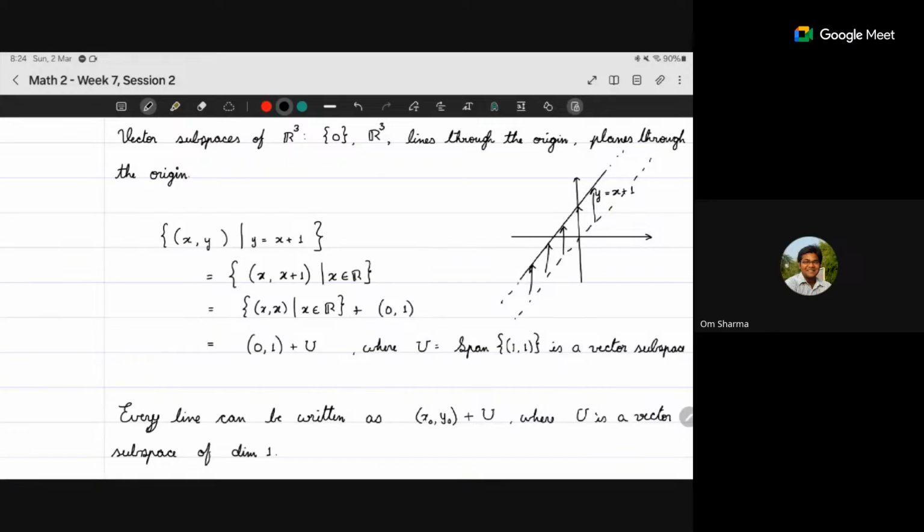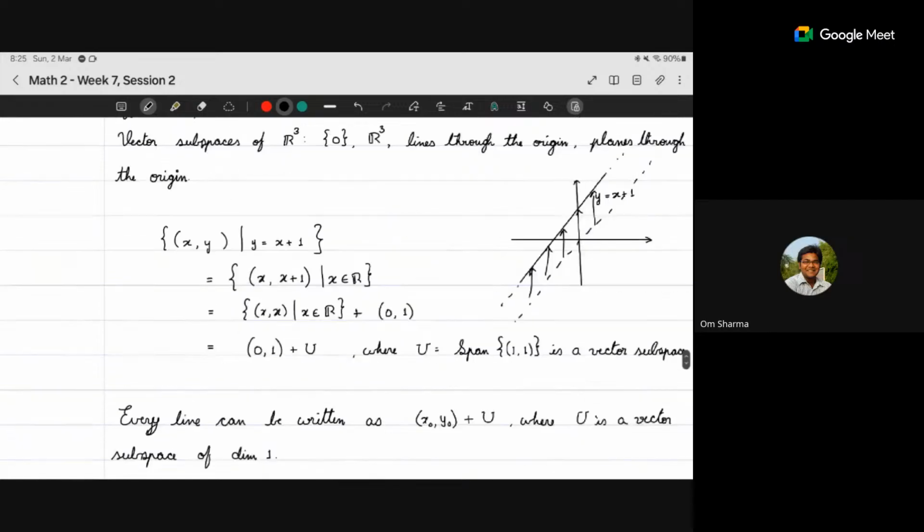What I get is y is equal to x plus 1. So taking a vector subspace and adding a fixed vector gives you a linear structure, but if the vector that you're adding is not 0, then it will not pass through the origin. So it will not contain the 0 vector.